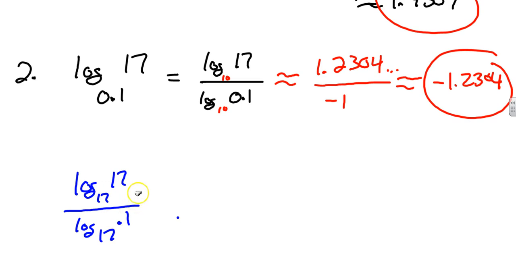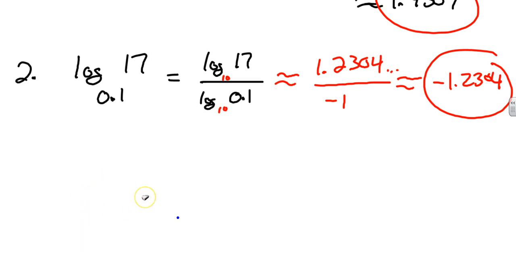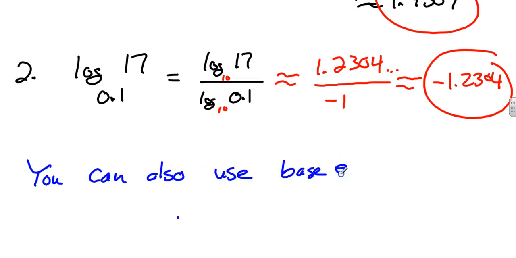But the change of base formula says you can rewrite it with any number you want. It makes sense for us to use base 10 because of calculators. You can also do the same thing using base E to rewrite it. And if you're using base E, that basically means you're going to use ln.